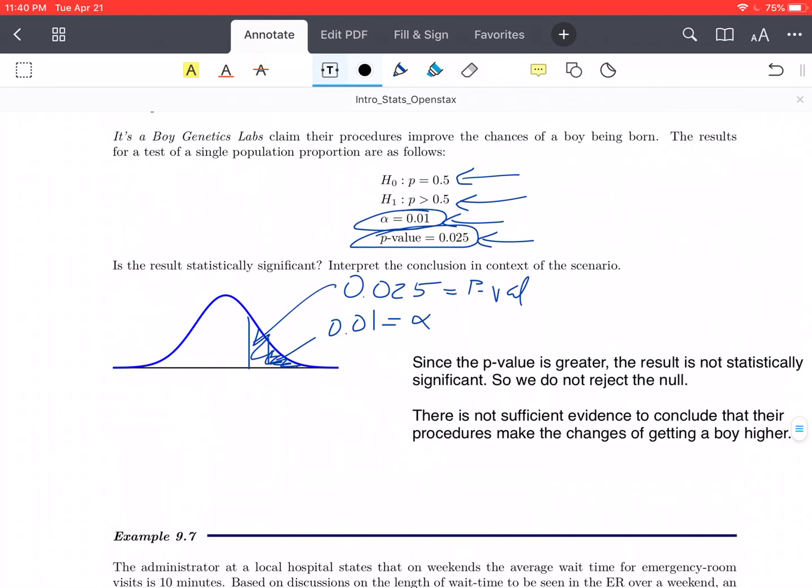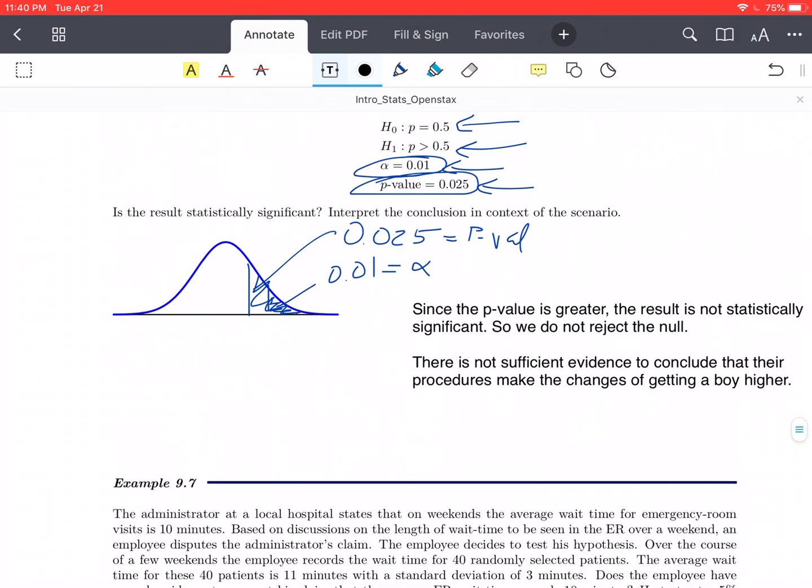Okay, so again, we're not concluding 100% certainty that it doesn't work, but we are saying there's just not enough evidence to say that it does. Okay, so maybe they do more studies, they get more results, and then we can reanalyze any new data that they get. Okay, so let's look at this next one.